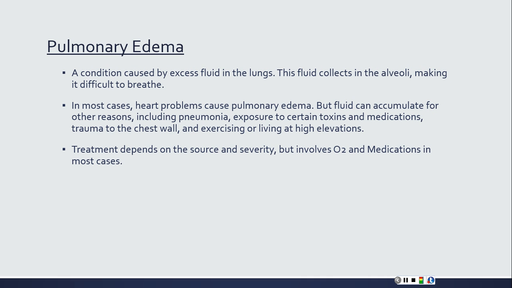And then if we have fluid in the alveoli, can we fit a lot of air in it? No. So that's the problem. So what are we going to give? And this is commonly a hard issue. What are we going to give to get rid of this? The diuretics. When they first come in, they're probably going to try to figure out what the issue is, but most commonly it's going to be a heart issue, so they're going to give the diuretics. Regardless, we've got to get the fluid off of the lungs.